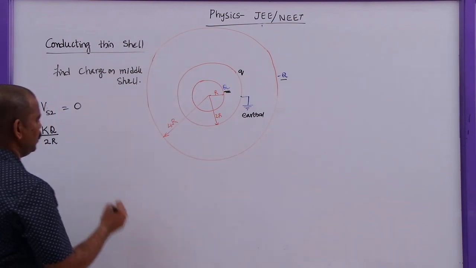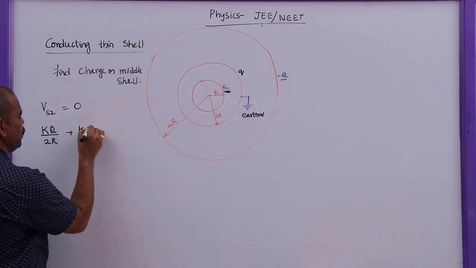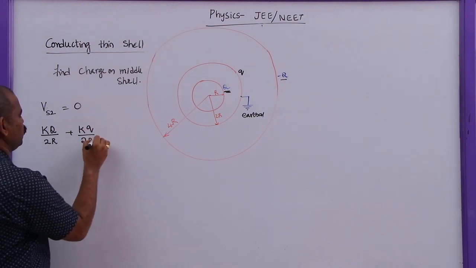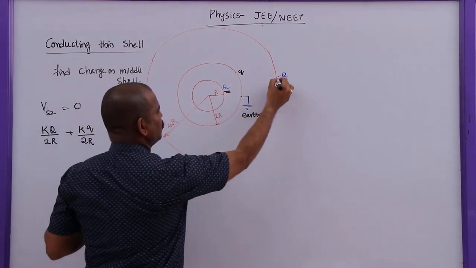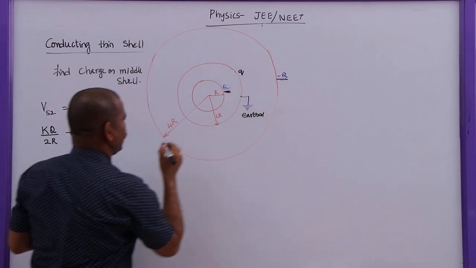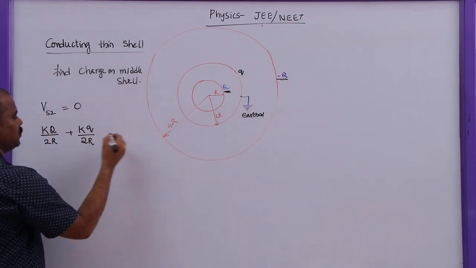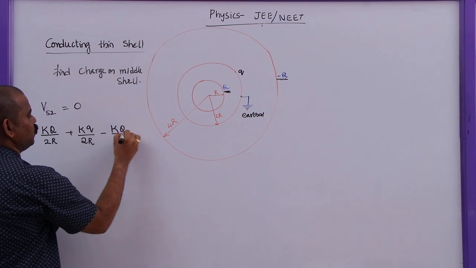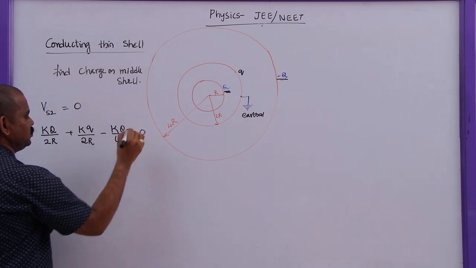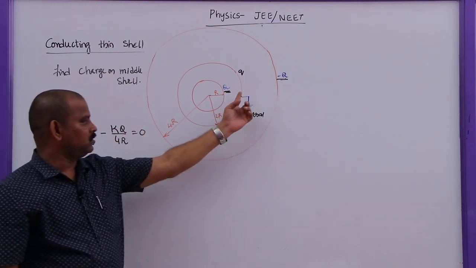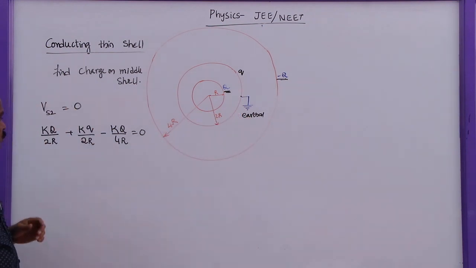So I am finding that q only. So plus Kq by 2R, and the potential due to this charge at this point is equal to the potential on the surface, minus KQ by 4R. This must be 0. For any earthed surface, the potential on the surface must be equal to 0.